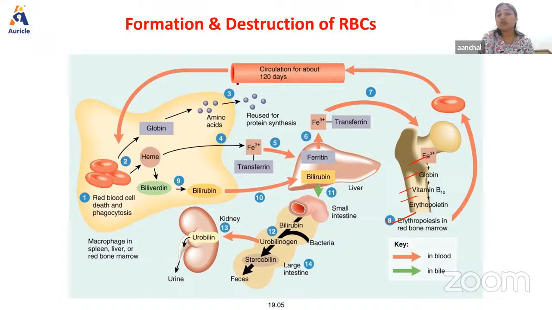After 120 days, that is, when the lifespan of RBC ends, what will happen? This RBC will burst, and suddenly the hemoglobin will get ejected from the RBC. RBC cell death and phagocytosis will occur in the spleen, liver, or bone marrow.